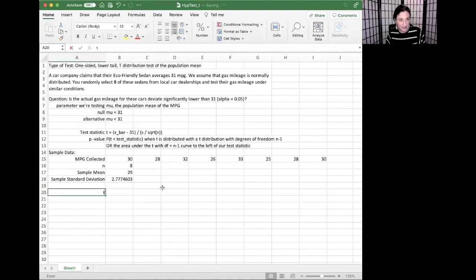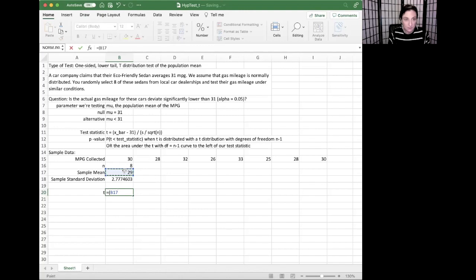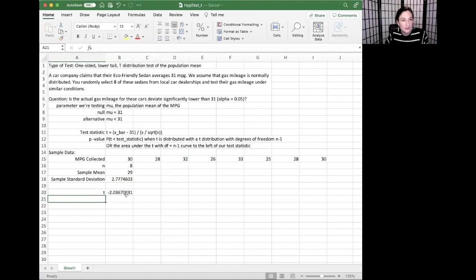So then our test statistic, T, is going to be equal to the sample mean minus 31 divided by our sample standard deviation divided by the square root of n. Right, so our t value here, our test statistic, is minus 2.04, give or take, right? So that is our test statistic.